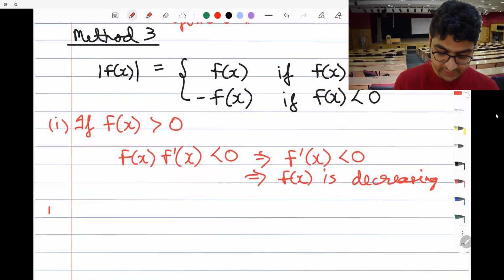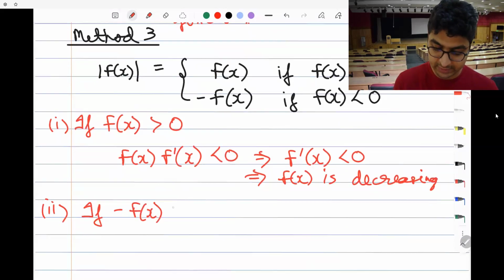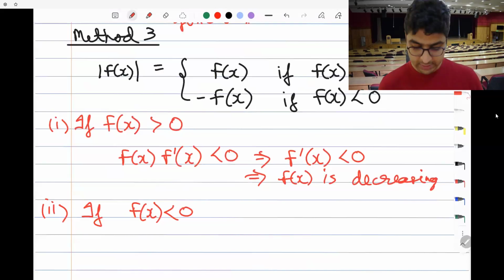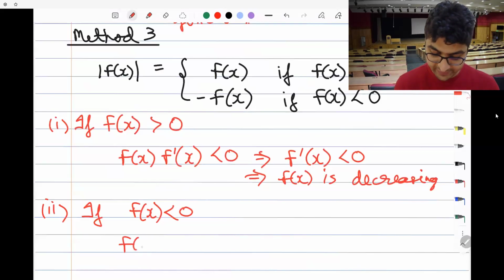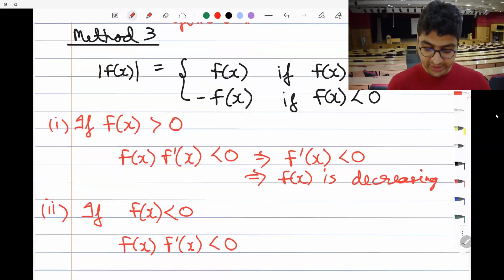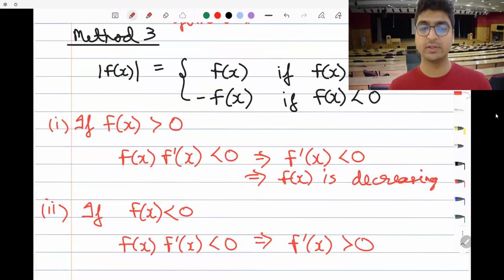And then if I consider the second case, if minus f(x), if f(x) is negative, second case, then in that case f(x) f'(x) less than 0 is given to you. Now this time if I take this to the other side, because this is negative, the inequality will change. So that gives me f'(x) more than 0.